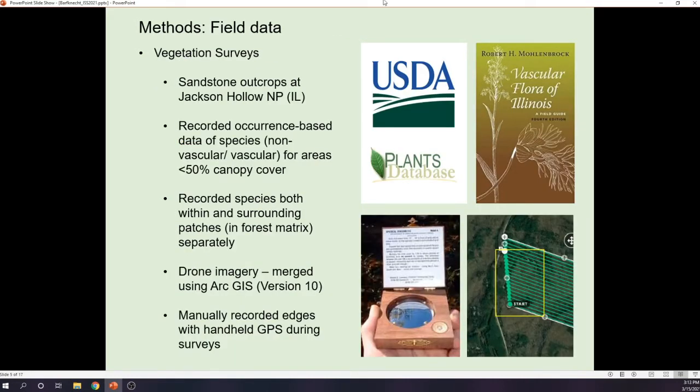So for this experiment, in the area that you saw before, there were several vegetation surveys conducted over 4 different months during the summer periods last year in these different open communities within the Jackson Hollow Nature Preserve.